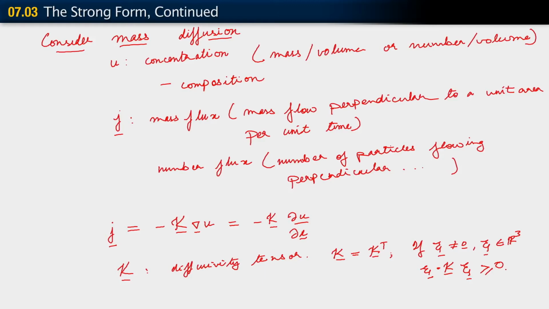All right, and then the condition that U equals U_G would simply be a condition stating that we are controlling the concentration or the composition on the Dirichlet boundary, on the specified subset of the boundary.